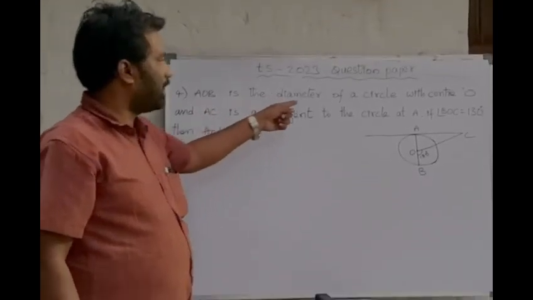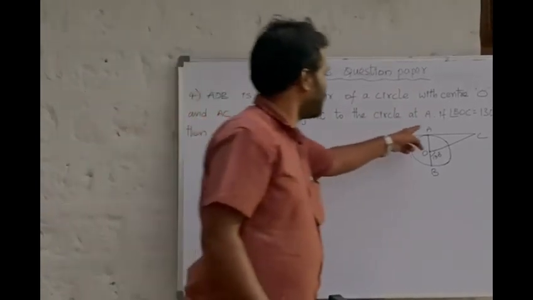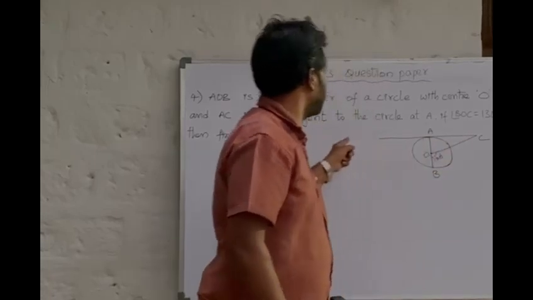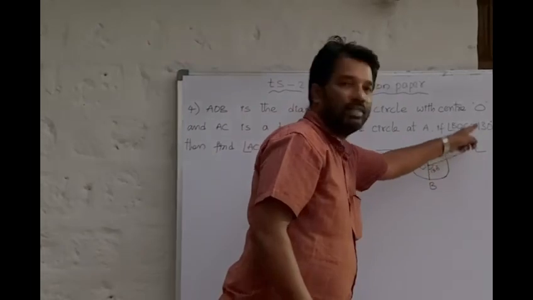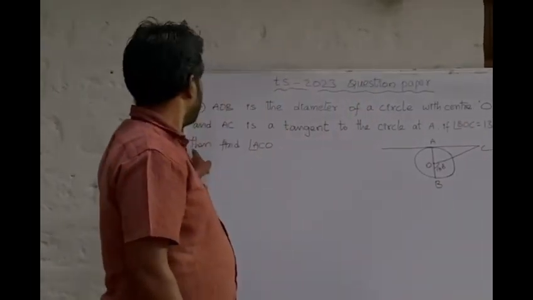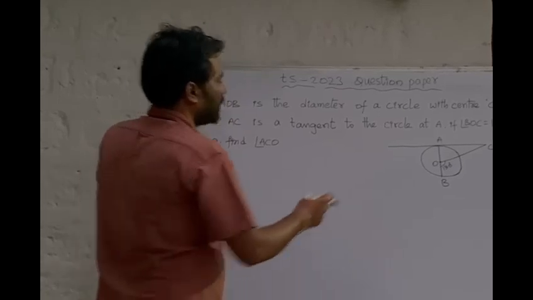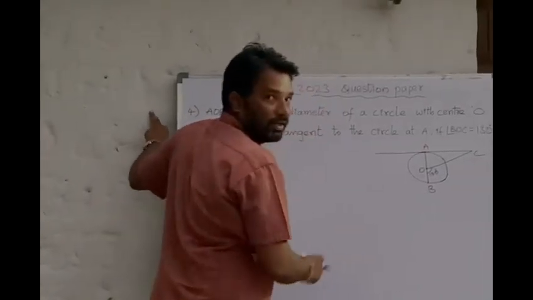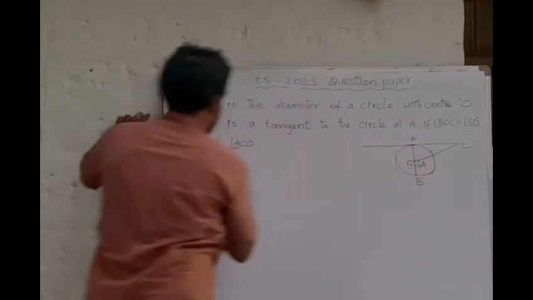AOB is the diameter of a circle with center O and AC is a tangent to the circle at A. Angle BOC is equal to 130 degrees. Then find angle ACO. Here in the diagram, AOB is a straight angle. AOB can be written as BOC plus COA.